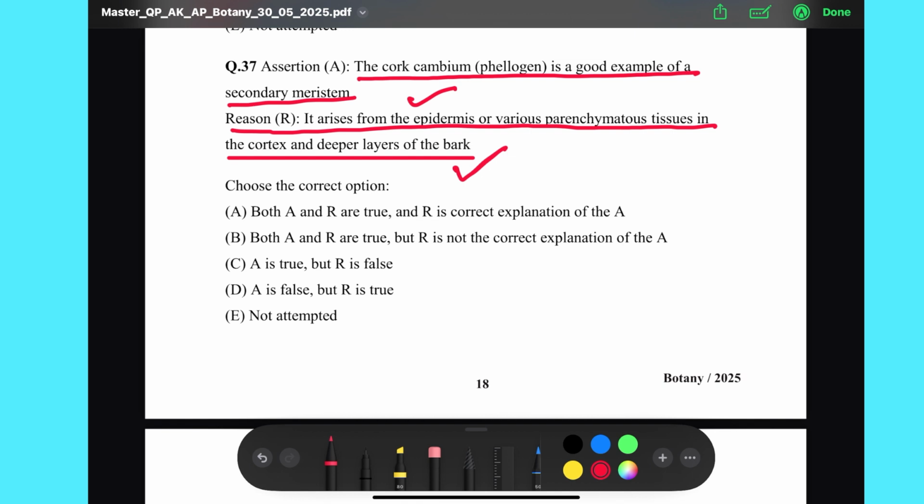It is right because it forms later and adds secondary tissue. Reason, it arises from the epidermis, correct. Explanation of how cork cambium originates: cork cambium originates from the epidermis or various parenchymatous tissue in the cortex and deeper layer of bark. So this is the right answer.